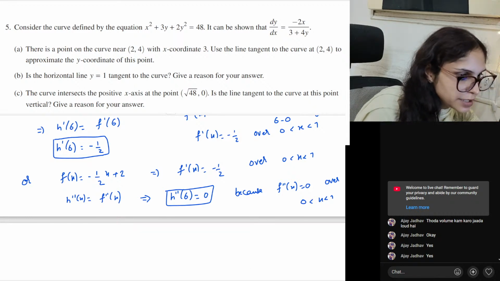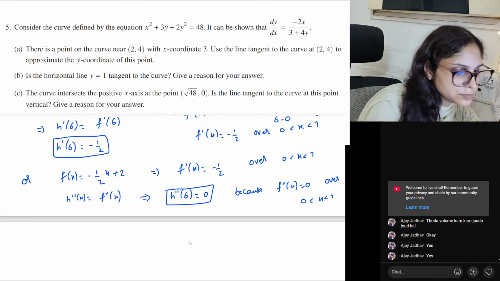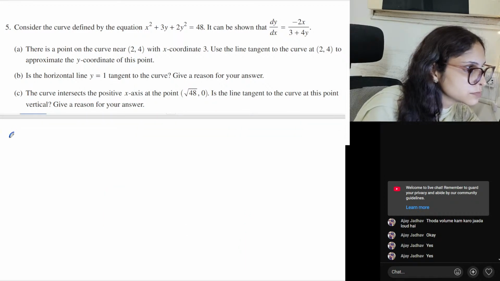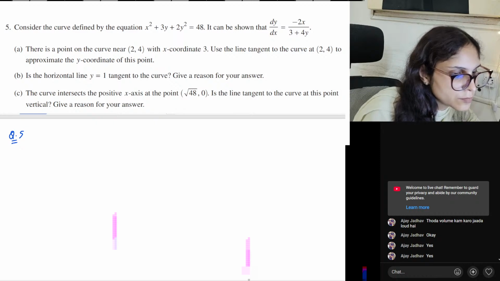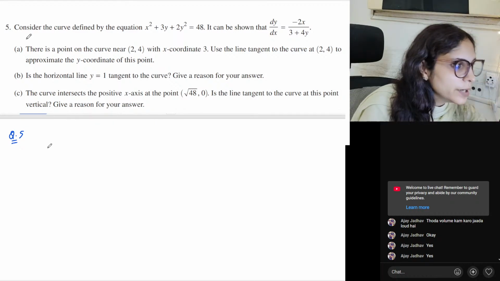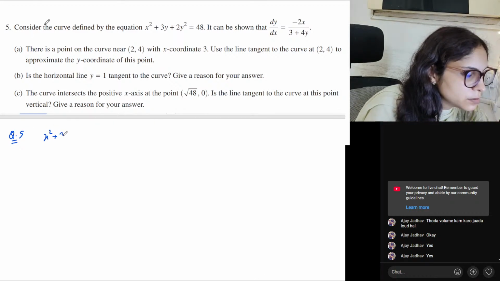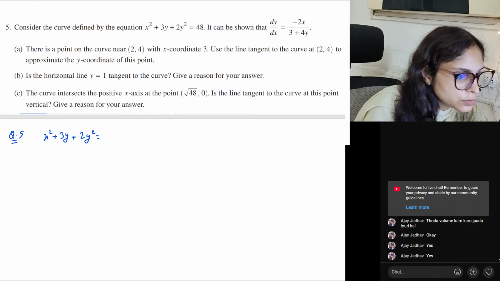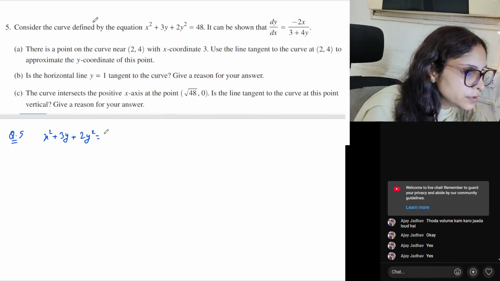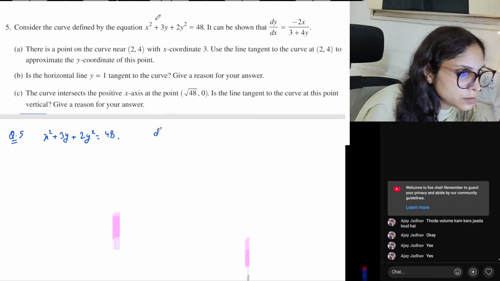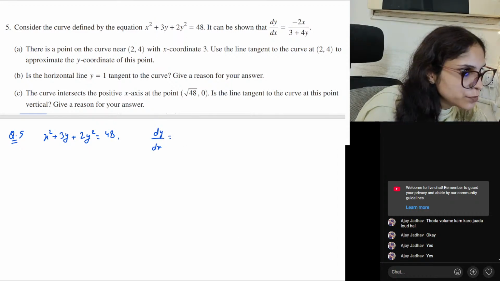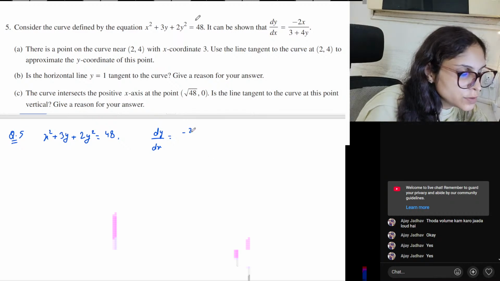So let's write everything. x squared plus 3y plus 2y squared is equal to 48. dy over dx is equal to negative 2x over 3 plus 4y.